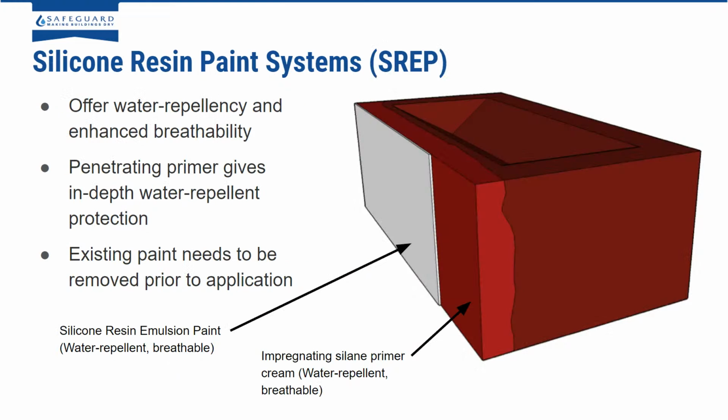So if you are in that situation where you want to apply a paint onto a wall, the most modern method now is to use a silicone resin emulsion paint, and effectively what these are is that they are breathable water repellent paints.